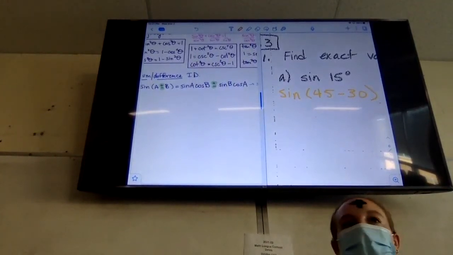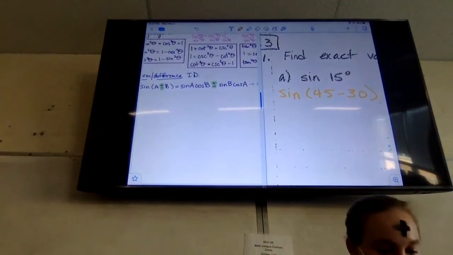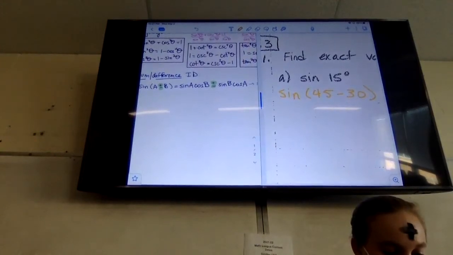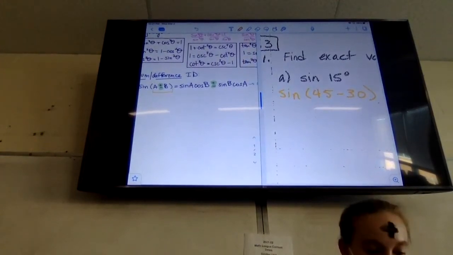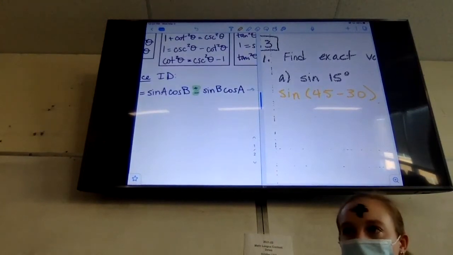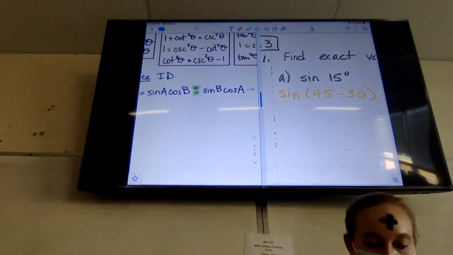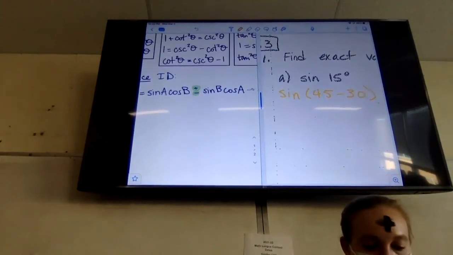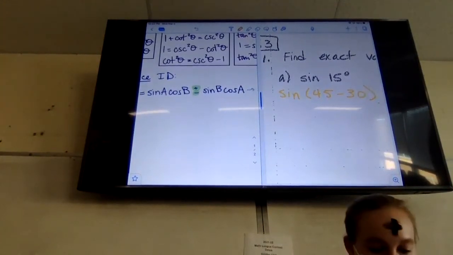Now I have a sine of a difference, so I'm doing A minus B. I'm going to break that apart: sine of 45 times cosine of 30. I have to have my signs match, so it's going to be minus sine of 30 times cosine of 45.